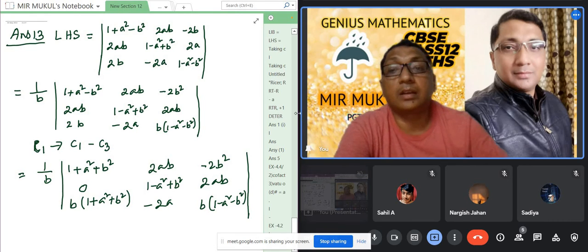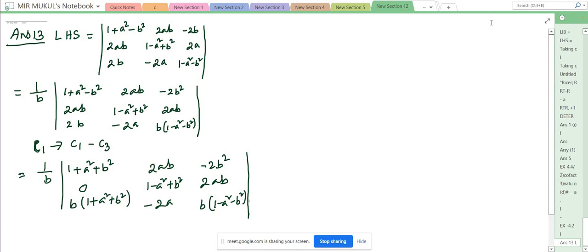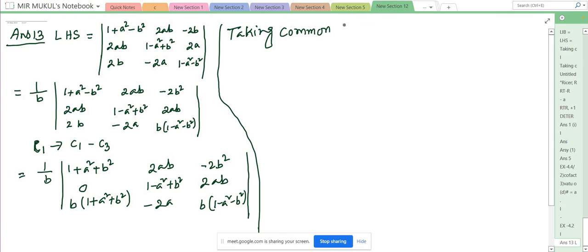Now after that, taking common 1 plus a square plus b square from C1.